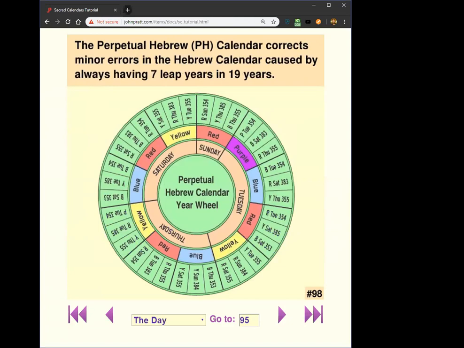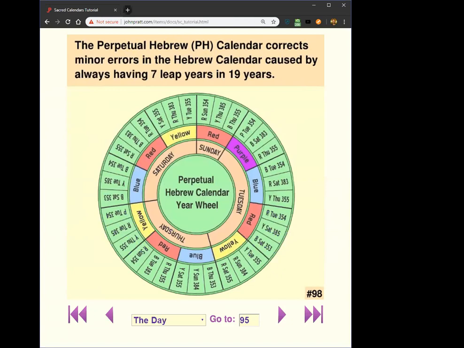And it allows a wheel to be made, a perpetual calendar wheel. This is something the Jews know nothing about. This is, to me, as far as I know, I don't have any evidence that this has ever been done before, except it's clear the Lord's using it.